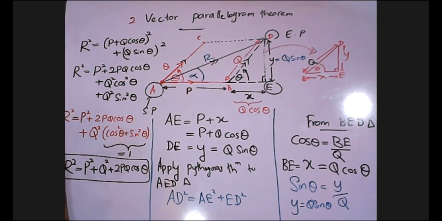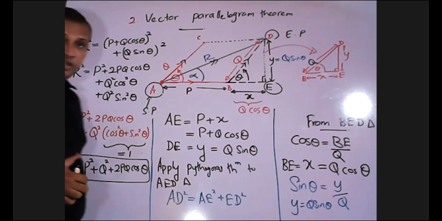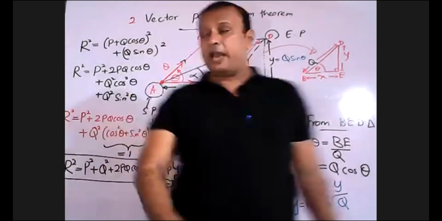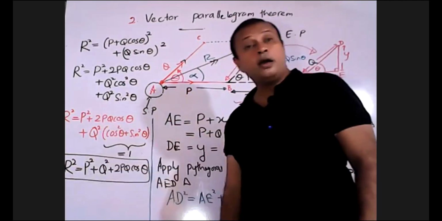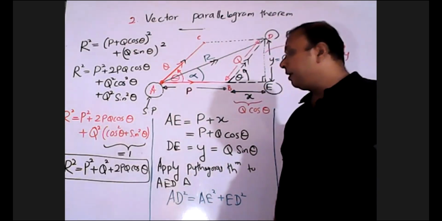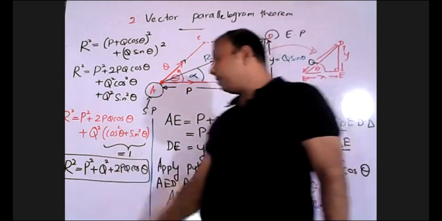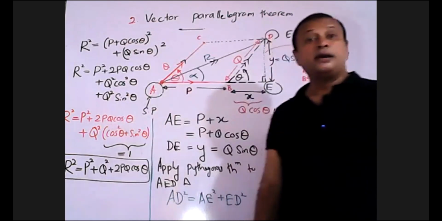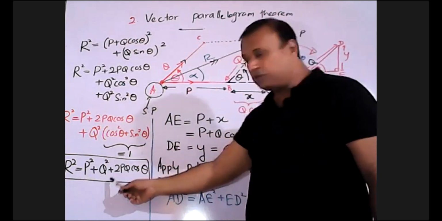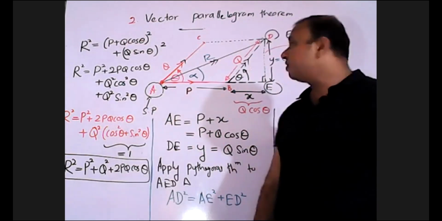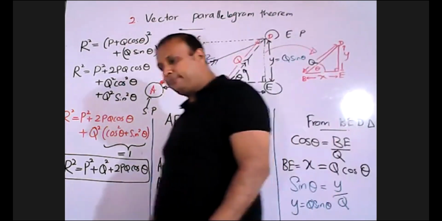This is the equation. This equation can be applied anywhere. This is a standard equation for finding the magnitude of the resultant force. R squared is equal to P squared plus Q squared plus 2PQ cos theta.